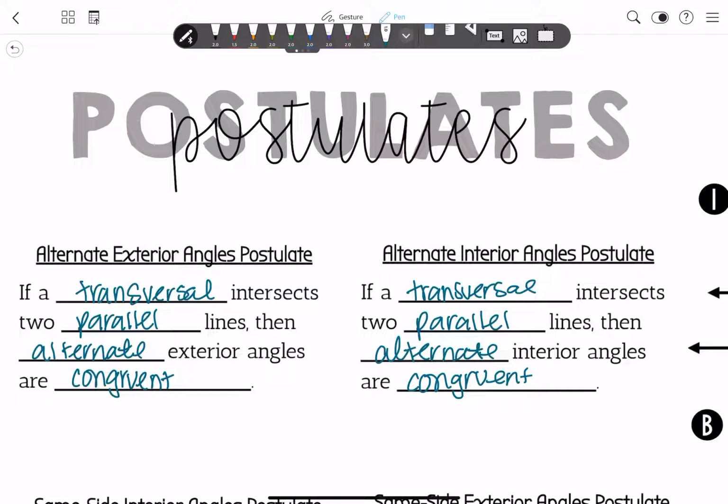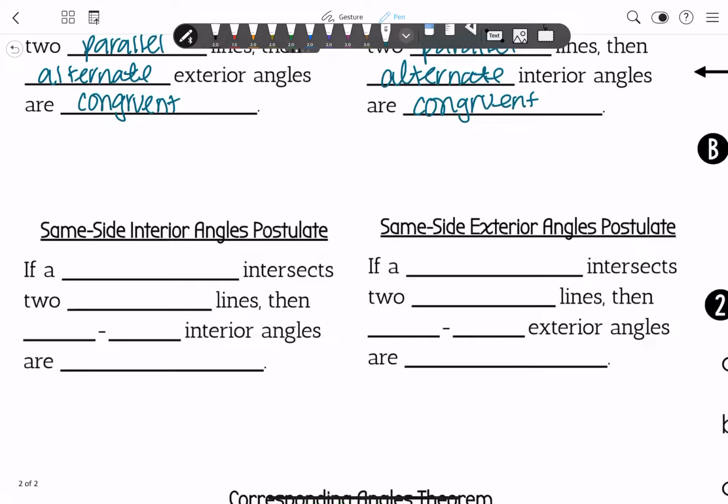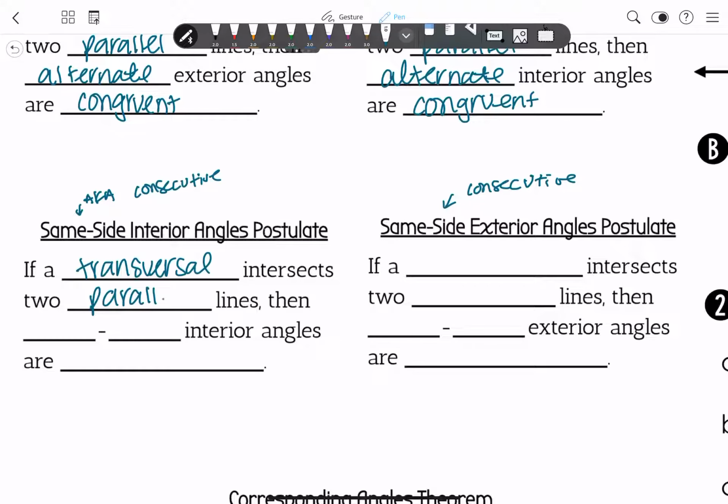Right? And now we're going to move on to our same side interior and our same side exterior. Remember, these can also be known as consecutive interior angles or consecutive exterior angles. So if a transversal intersects two parallel lines, then same side interior angles are going to be supplementary.